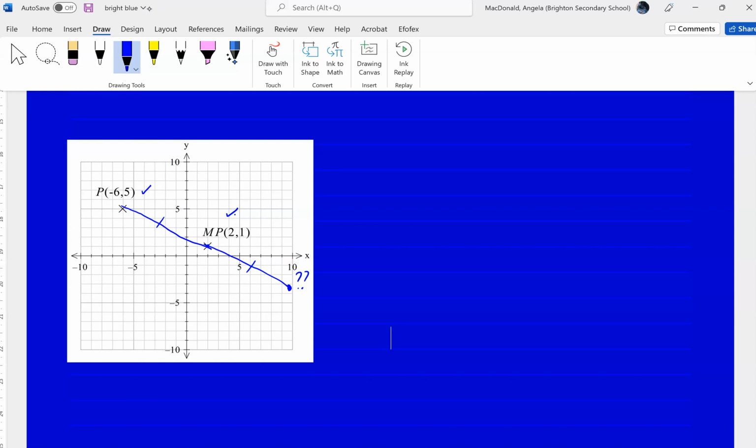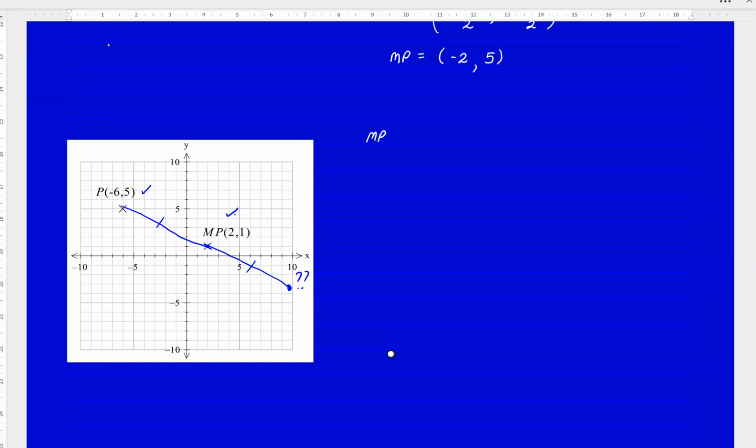So all we're going to do is use our midpoint formula once again. Let's remind ourselves, write it down again. Midpoint equals x1 plus x2 over 2, y1 plus y2 over 2.